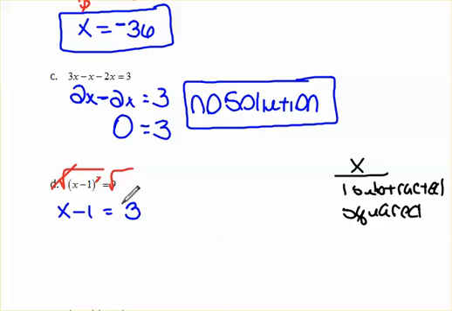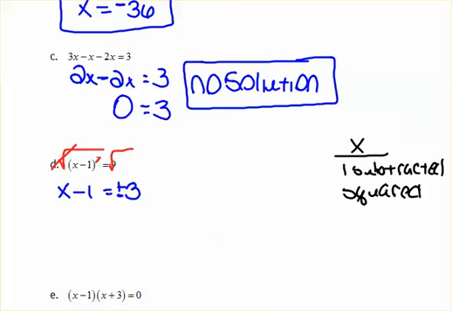But you may have forgotten, don't forget that could be plus or minus, because a 3, if I were to square that, I would get back to 9. And if I were to square a negative 3, I would also get back to 9. So you have to take into consideration the positive and the negative when you take the square root of a number. Well, now what this does is it basically gives us two different equations.